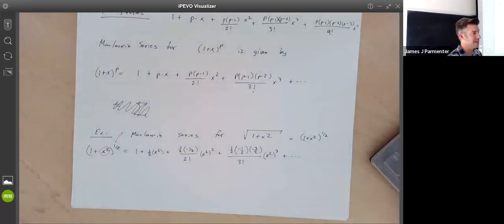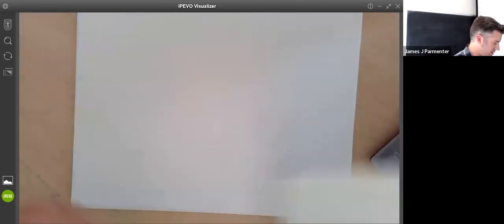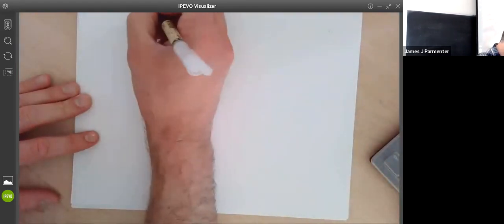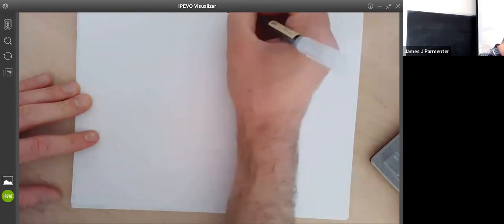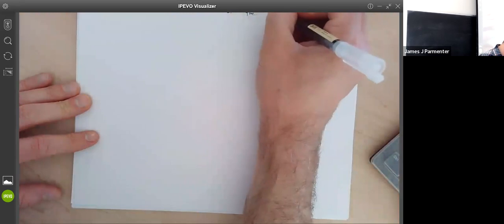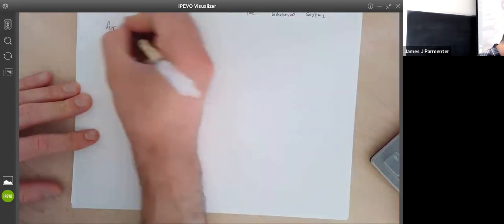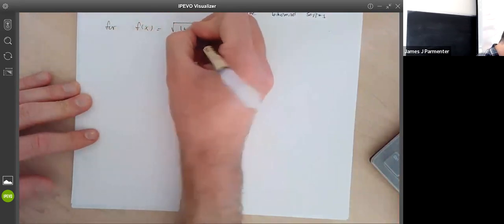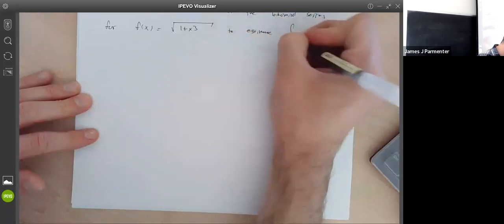What we can do with this is, let's say we wanted to use the first 4 terms of the binomial series for f of x equal to the square root of 1 plus x cubed to estimate this integral.